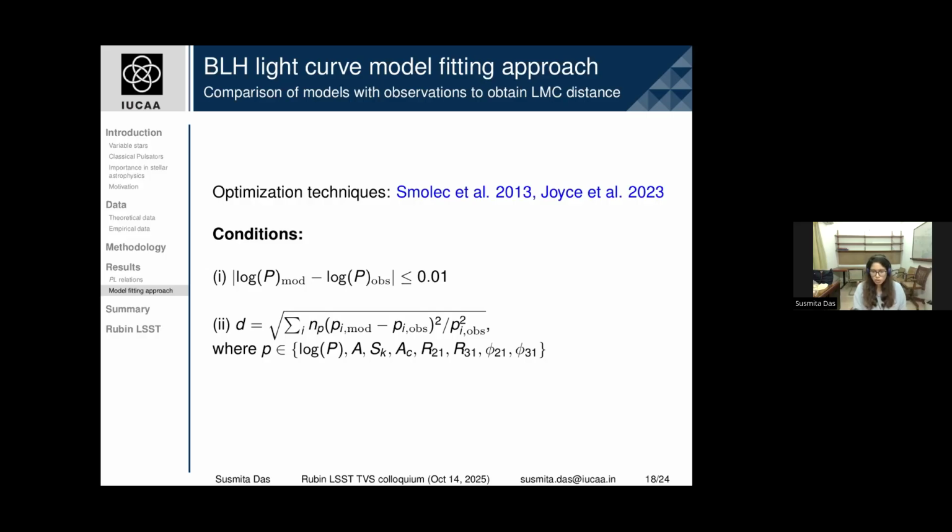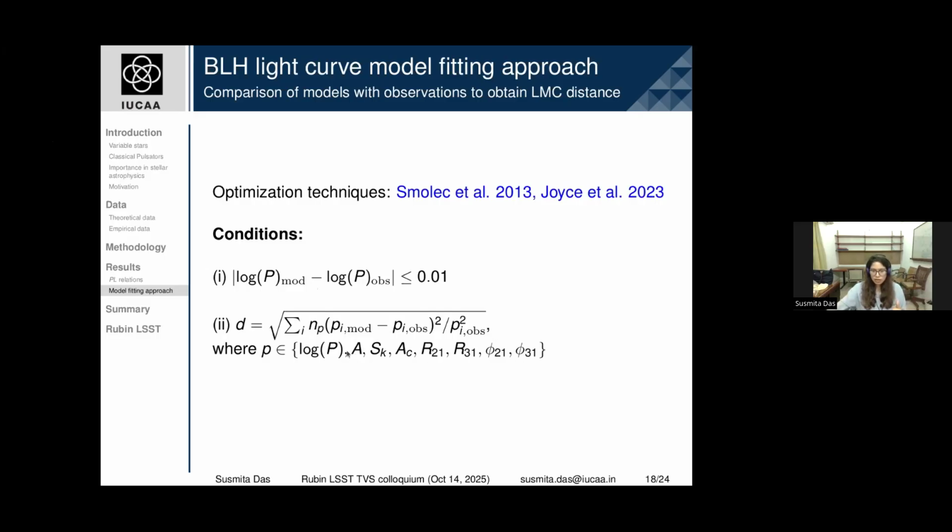For the next, we compute what is called D, which computes the offset between the theoretical light curve and the observed light curve across a range of parameters. So here you see we have included parameters that typically capture the light curve structure.